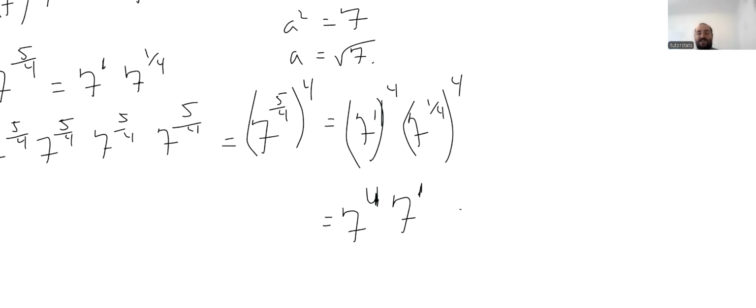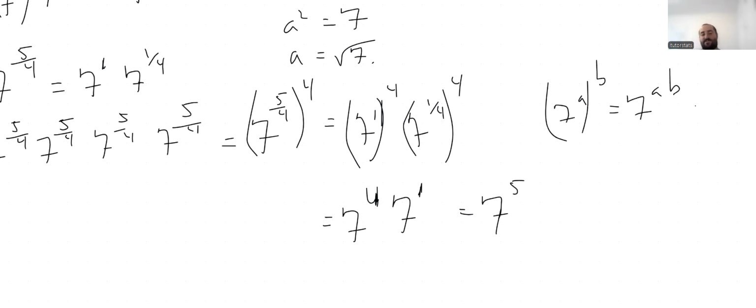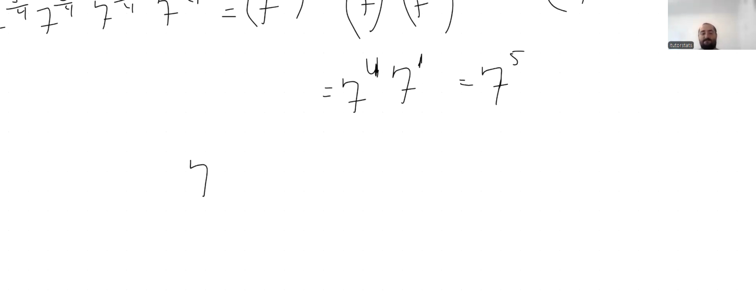And now we're starting to understand why 7 to the a to the power b equals 7 to the ab, because that's what happened here. We can also do this in a slightly simpler way without those fractions. 7 squared to the 3rd power. That just means I take two 7s and I multiply them. That's 7 squared.